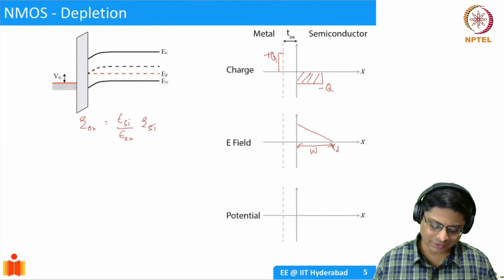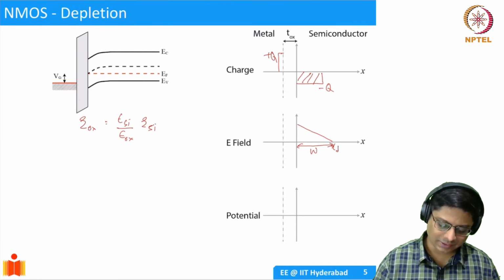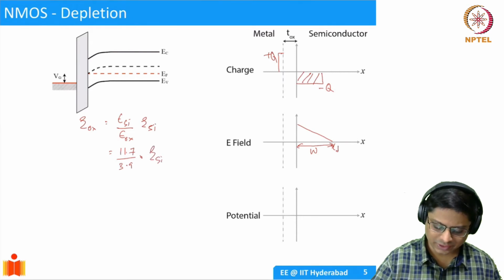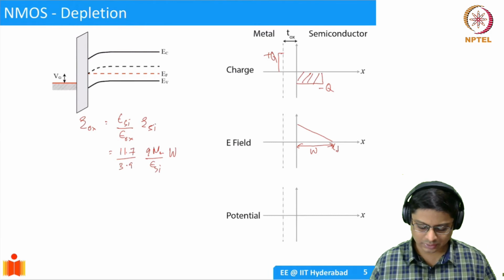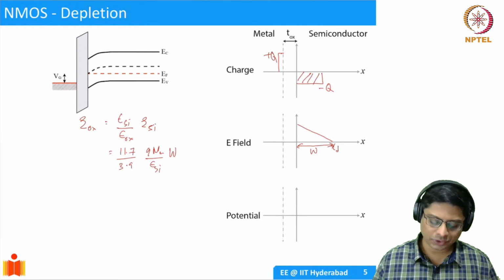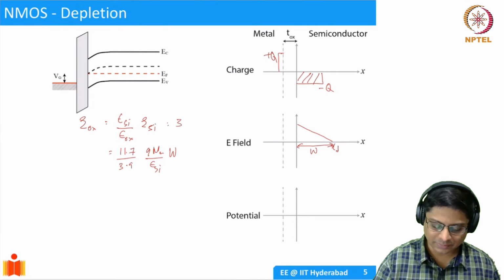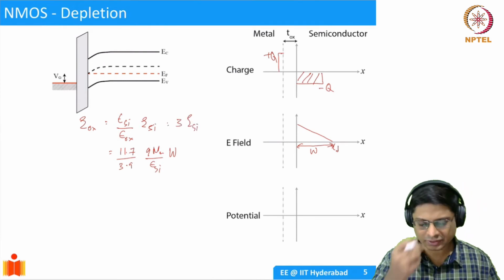What does this tell us? It tells us that the oxide electric field is 11.7 divided by 3.9 times the electric field in silicon. The electric field in silicon I already know: this will be Q N_A divided by epsilon silicon times W. So in effect, this is going to be 3 times the electric field in silicon, approximately.